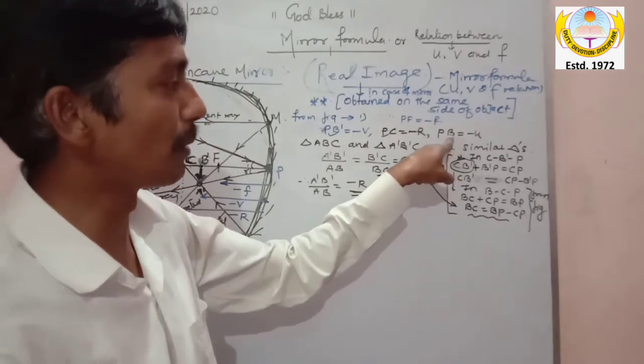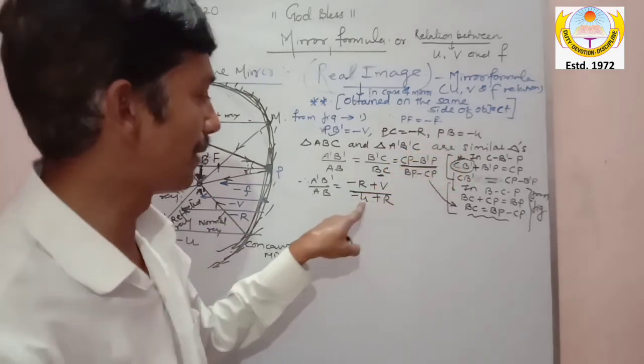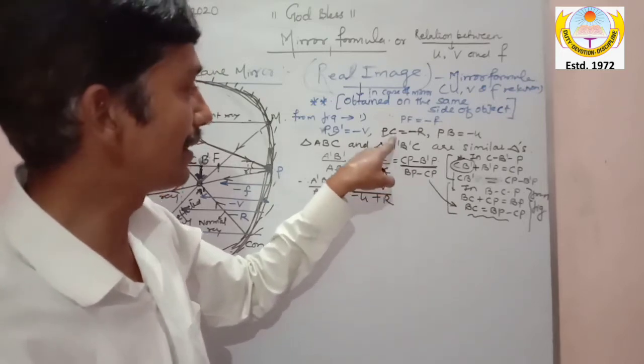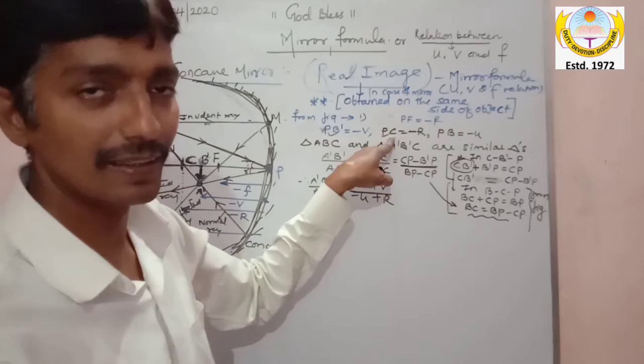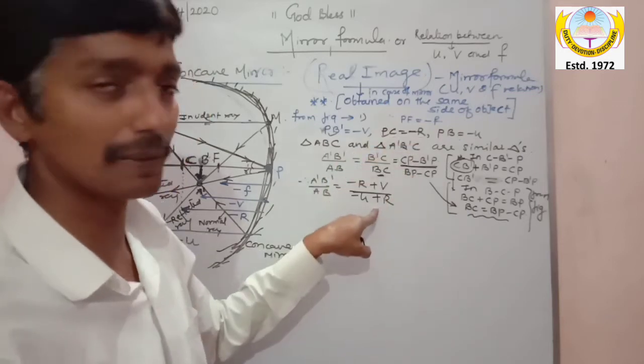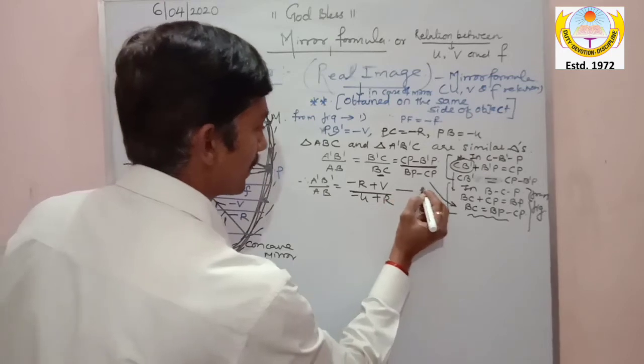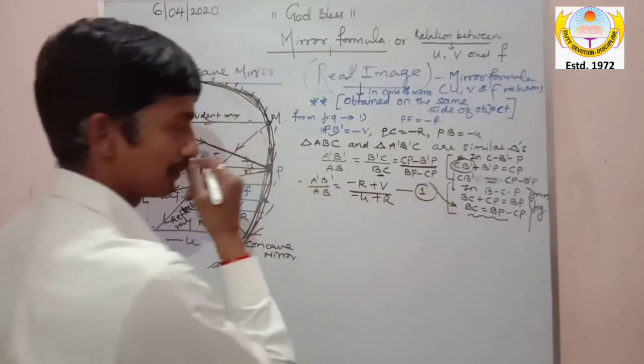How much is BP or PB? Minus U, so I have written minus U, again minus, and CP, CP is PC, that is minus R, minus and minus become plus R. Okay. Now put this as equation number 1.